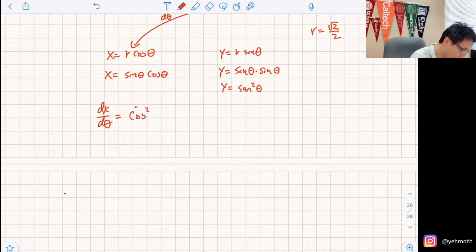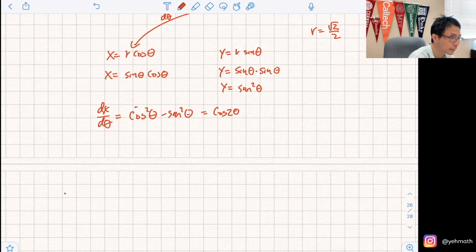It should be cosine squared theta minus sine squared theta. Good. Actually, that's the cosine of 2 theta, right? It's called the double angle identity. Use the product rule.